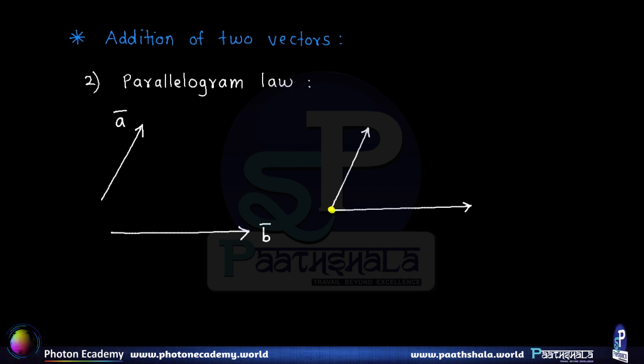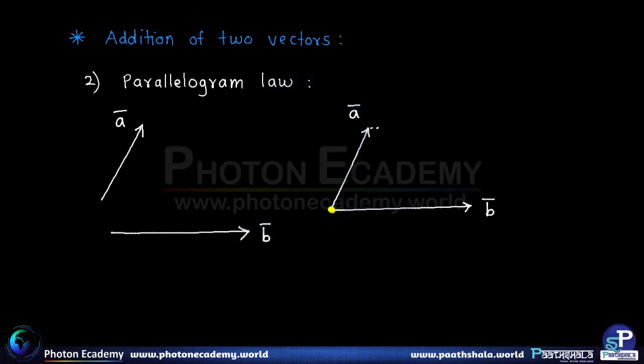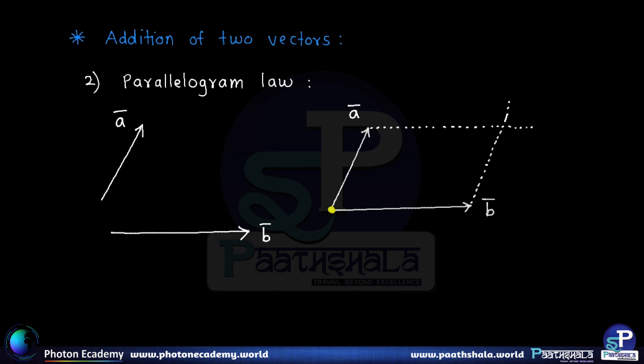So here we have a bar and b bar, and now we complete the parallelogram by drawing parallel lines through the end points of both of the vectors. So here we see that we have completed the parallelogram, right? And now through the common initial point, we draw the diagonal of that parallelogram, and this diagonal represents the resultant of the two vectors.